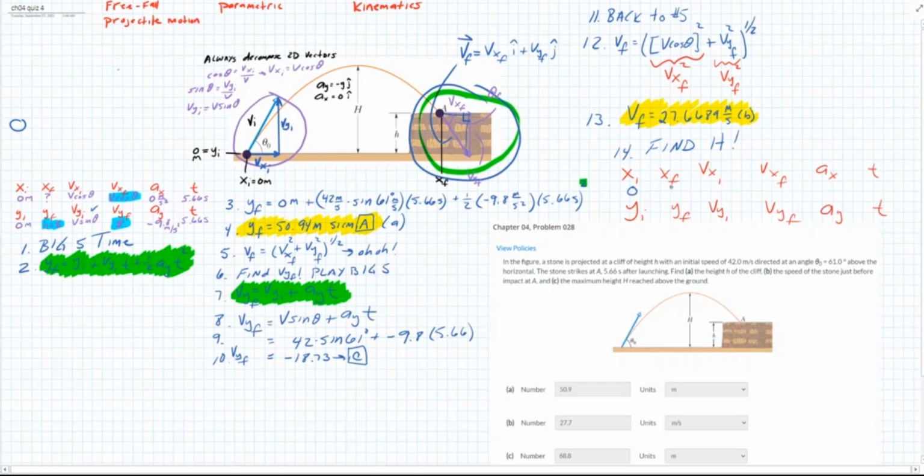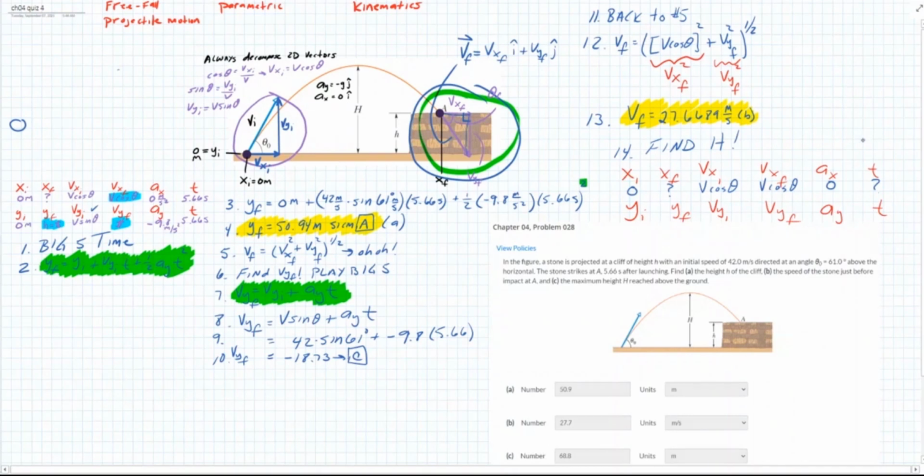X sub F, I don't know XF. So that's a question mark. Vx initial, I do know that this is V cosine of theta. This is also V cosine of theta. This is 0. And this is I don't know. I'm not getting a lot of warm and fuzzy feeling from my X data table, but I'm after big H, which is a Y dimension.